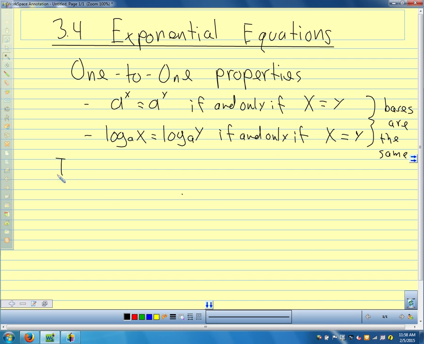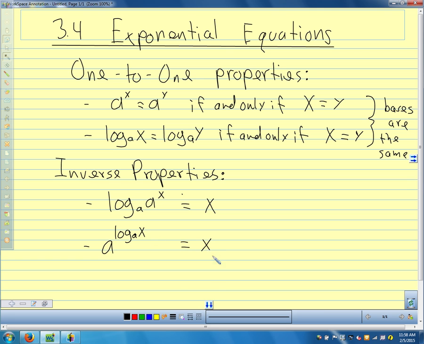The other set are the inverse properties. And the inverse properties basically tell us that inverse functions undo each other. So that means log base a of a to the x equals x. And we can do the same thing, a to the log base a of x equals x.